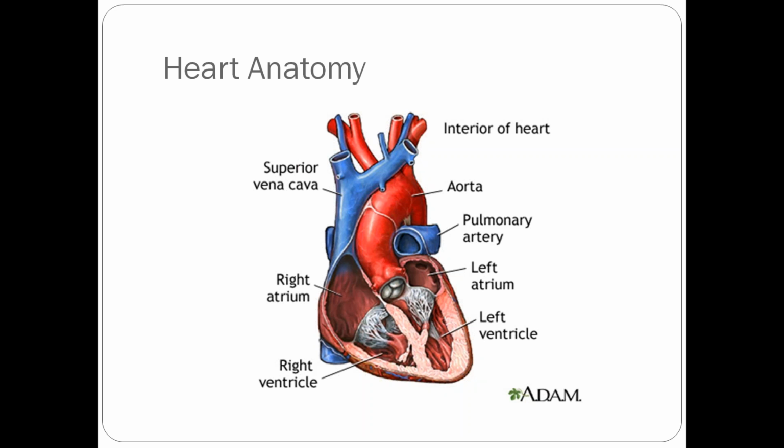It is then pumped into the right ventricle and through the pulmonary arteries into the lungs, where it exchanges carbon dioxide for oxygen. The oxygenated blood is returned to the heart's left atrium through the pulmonary veins and is pumped into the left ventricle. The left ventricle pumps the blood through the aorta and into the body's circulation.